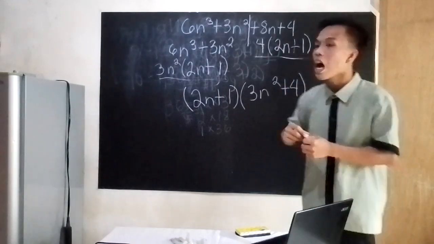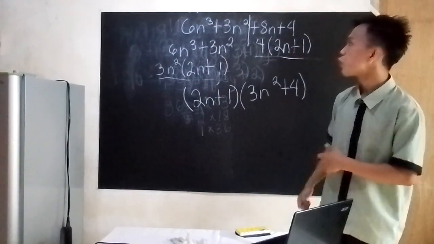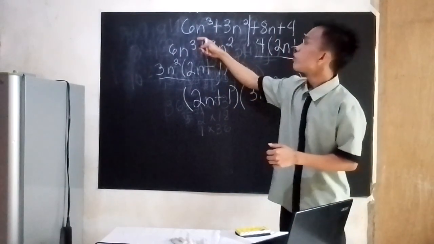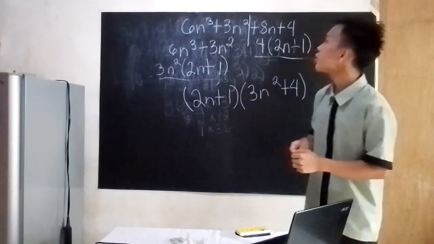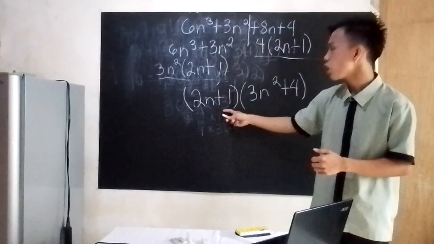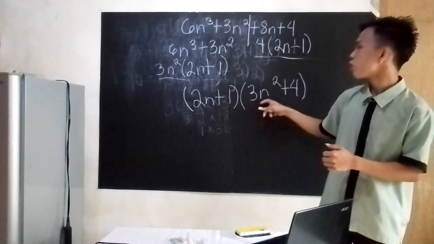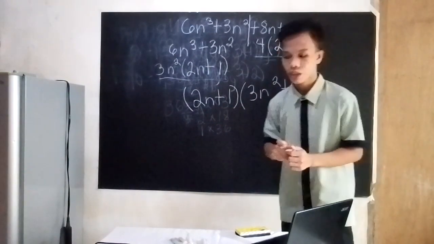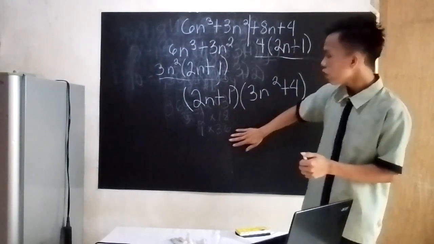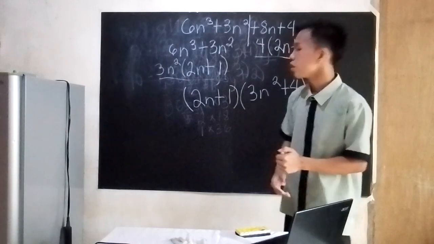And that is how we perform the grouping method. So the factor of 6n cubed plus 3n squared plus 8n plus 4 is 2n plus 1 multiplied by the quantity 3n squared plus 4.